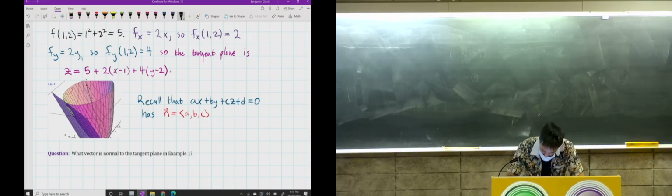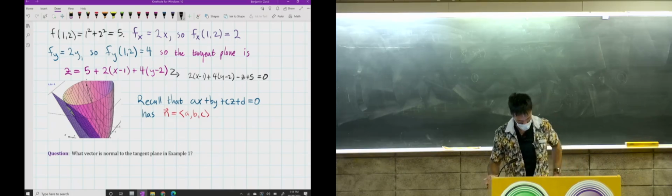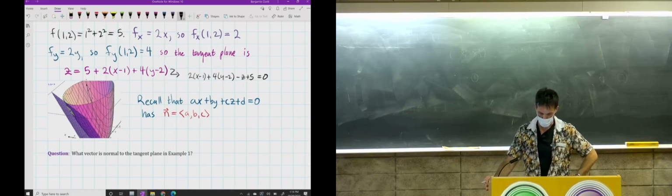I guess it might help if I move all the terms to one side in this equation to write it as 2(x minus 1) plus 4(y minus 2) minus z plus 5 equals 0. So that might make it a bit more apparent what the coefficients are.